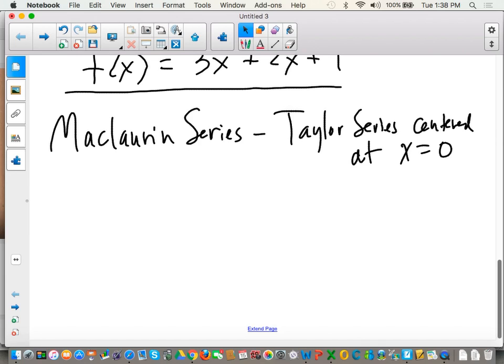If they say find the Maclaurin series, that's just code for Taylor series centered at 0. Maybe Maclaurin came up with a formula that only worked at center 0, and then Taylor came along and said it'll work for everything.